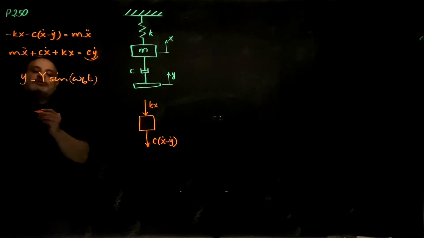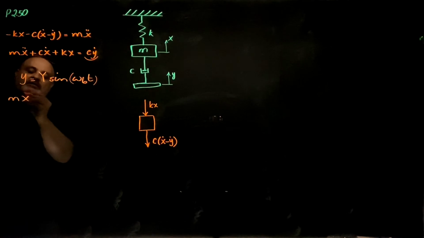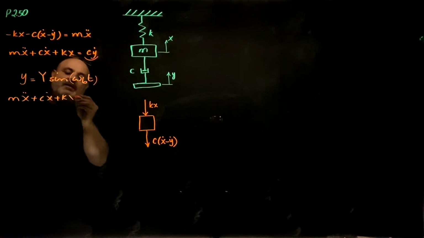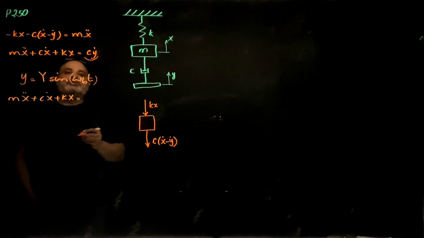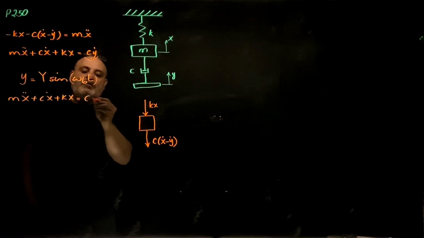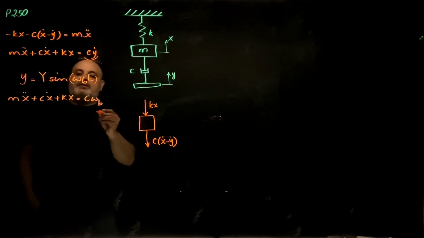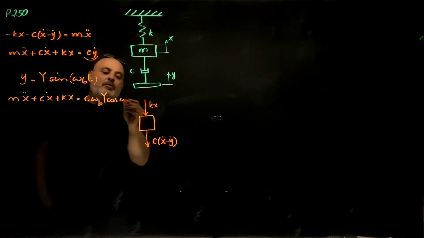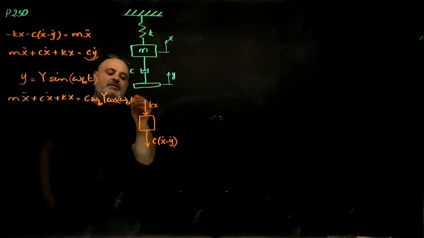Then the equation of motion becomes m x double dot plus c x dot plus kx equals c omega b Y cosine omega b t.